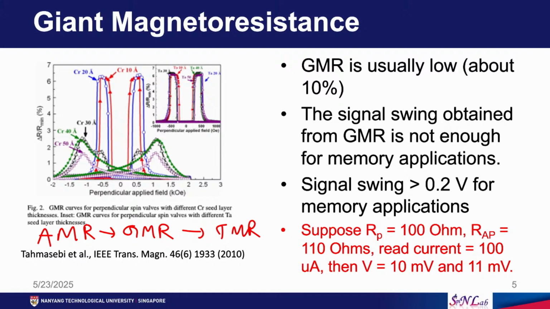AMR is typically 2%, and I told you TMR in the industry can be around 200%. And if you look at GMR, for most practical purposes, GMR is only around 10%.